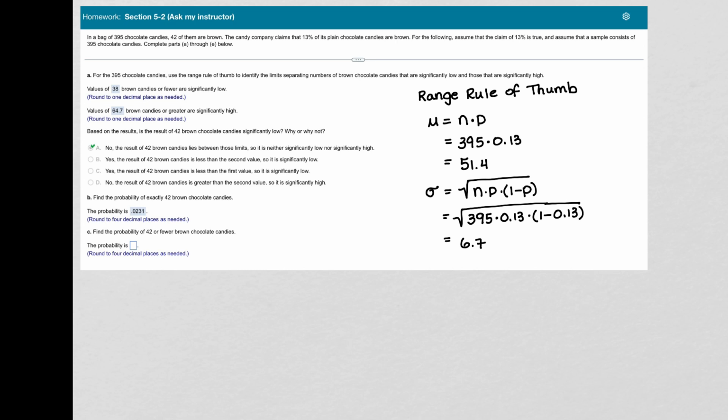So now I'm ready to find the lower limit and upper limit for values that are not significant. So I'm going to make a number line, and on this number line, I'm going to locate the mean, which is the 51.4.